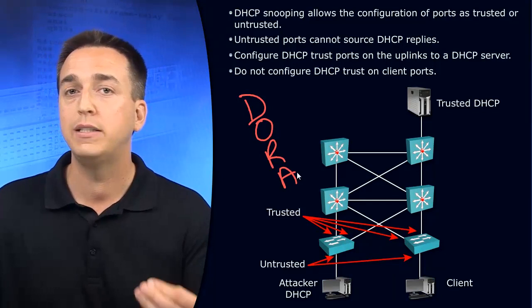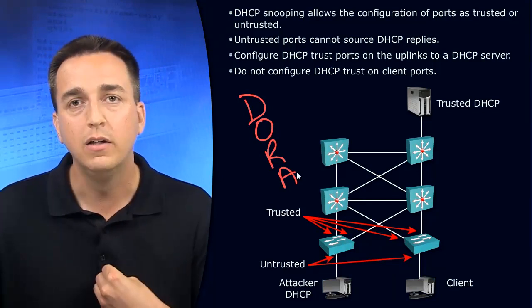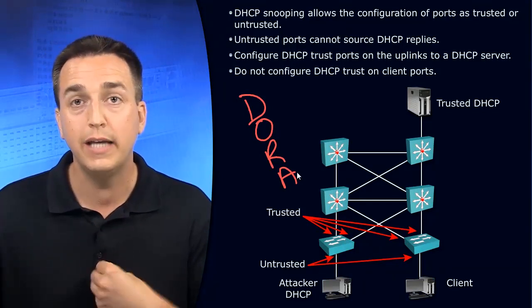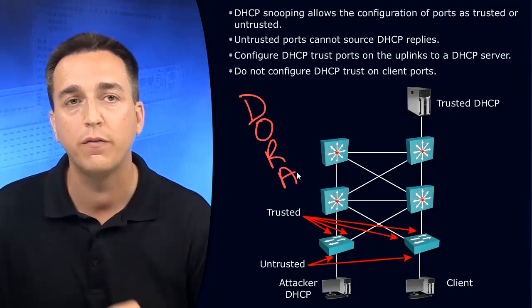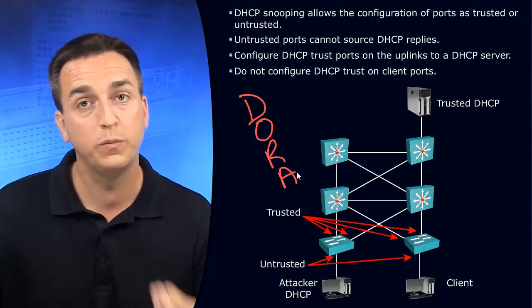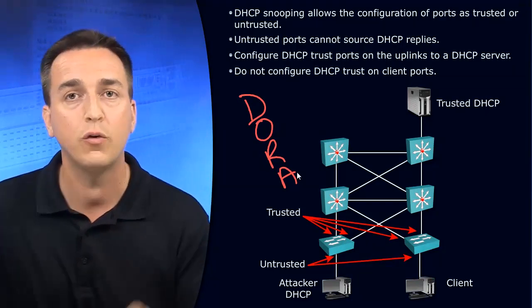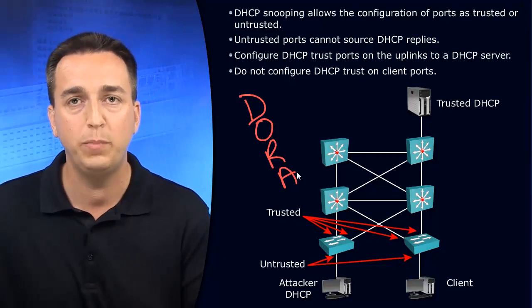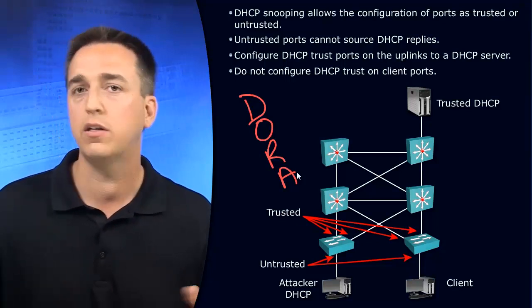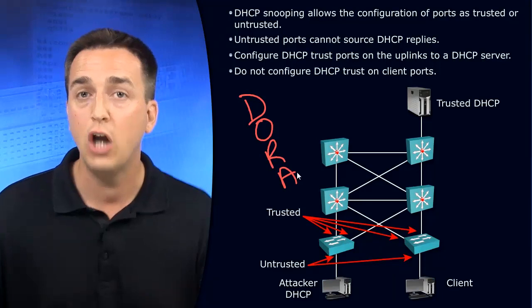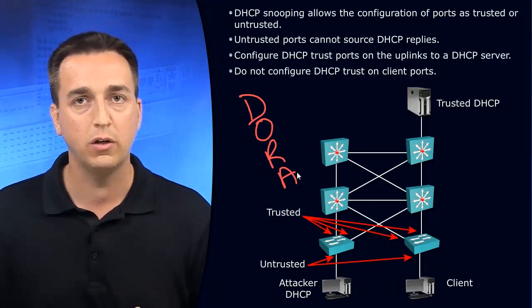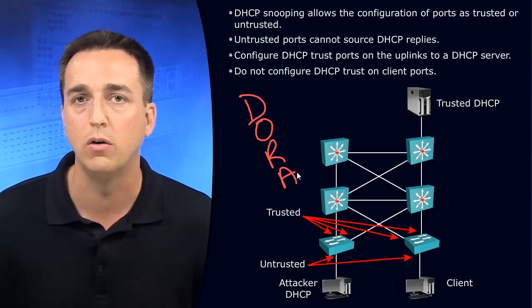The offer message is the one that comes back from the DHCP server saying, here I am, this is what I have to offer you. The request goes from the client back to the DHCP server requesting that the DHCP server officially gives that to the client, and then we have our acknowledgement that comes back from the DHCP server acknowledging that it did so.